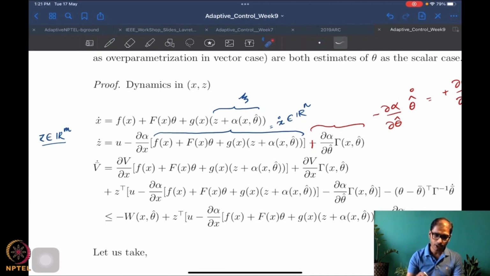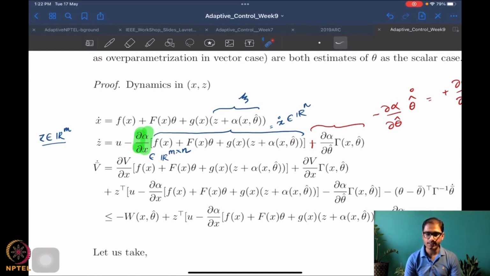Now, what is the dimension of del alpha del x? It has to be R^(m×n), to be consistent with this expression, because the right hand side has to be R^m, and this is in R^n, therefore this has to be an m by n matrix.